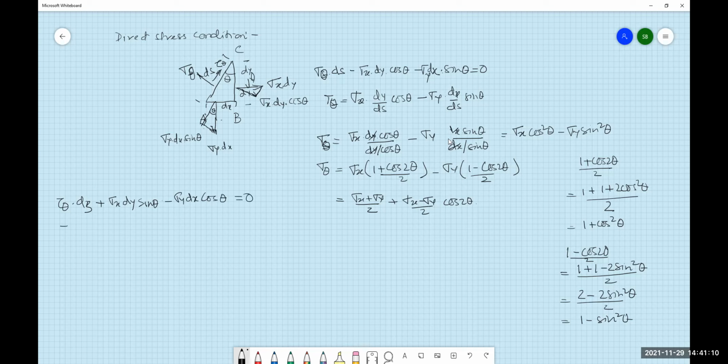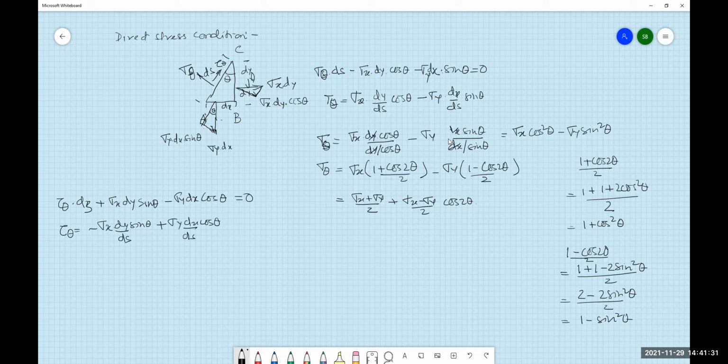Again, if you put tau theta equal to minus sigma x dy sine theta plus sigma y dx cos theta, divided by ds.